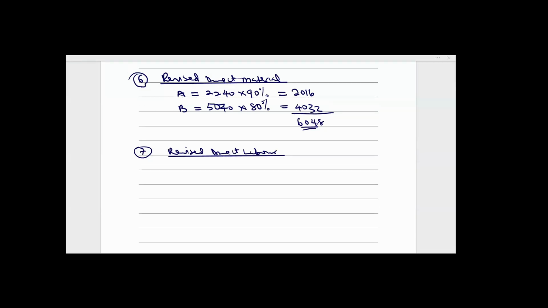Okay, so according to the question, we are told that direct labor cost will increase by 10%. So 10% for each product. For product A, the current direct labor cost is 1120.